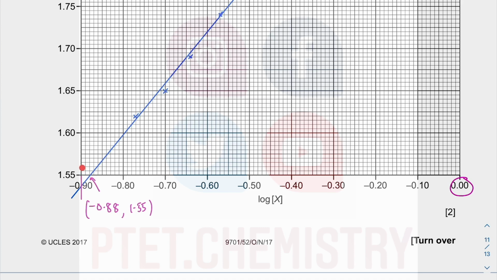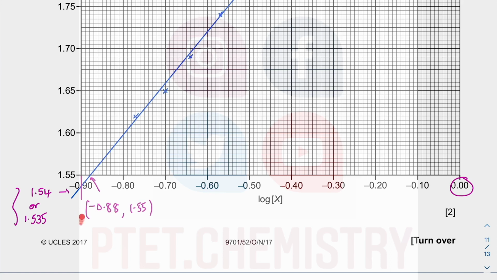So we're probably looking at 1.54, perhaps. So around 1.54 or 1.535. So somewhere along that line would have been all right.